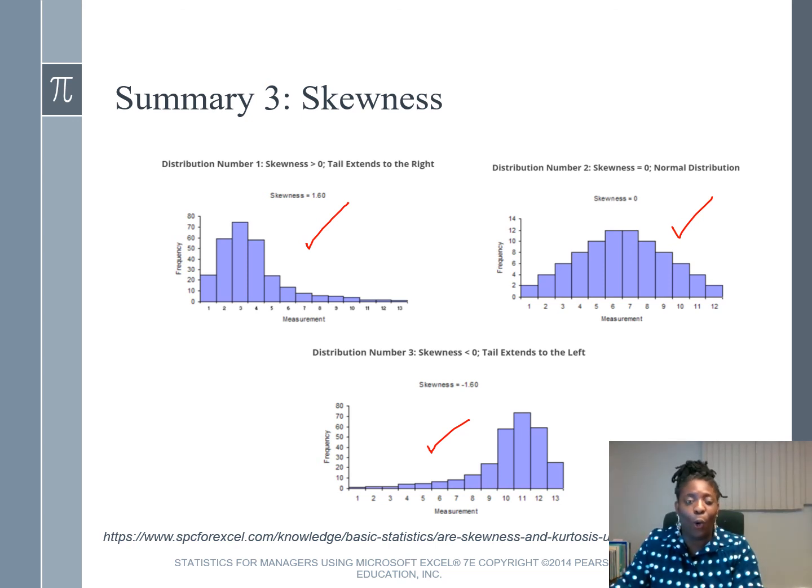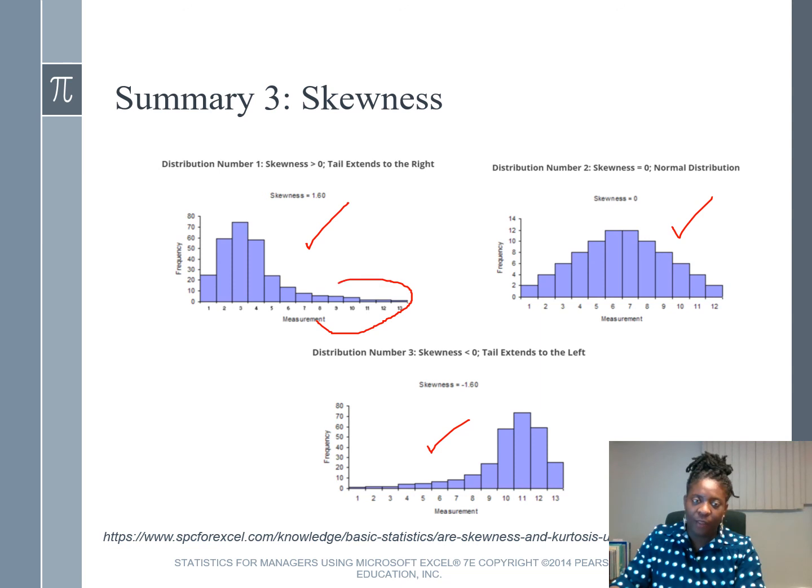You've got to know all of the names because I will be checking for name definitions as well. Left skewed or negatively skewed, right skewed or positively skewed, or symmetrical. Again, the tail describes the skewness. The tail is in the direction of skewness.